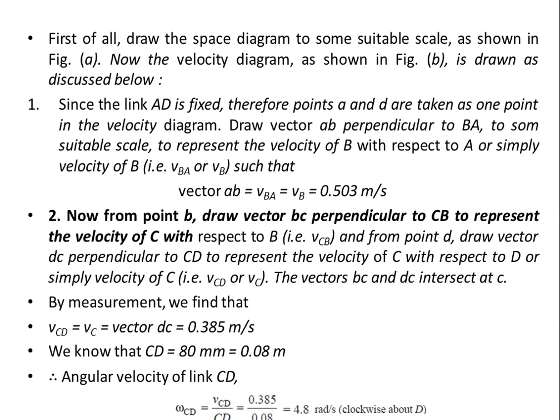So omega CD you will be getting as VCD by CD. So 0.385 by 0.08, you will be getting 4.8 radians per second. That is clockwise about point D.